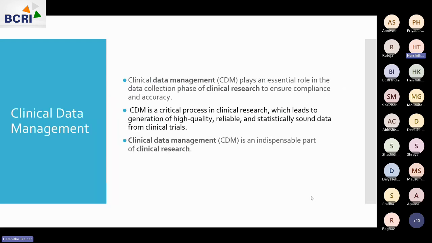And clinical data management is a department which handles the entire set of data. I have also shown you that there are different phases of clinical trial. So in each phase, we are going to collect the data. Again, data means there will be different visits at site.